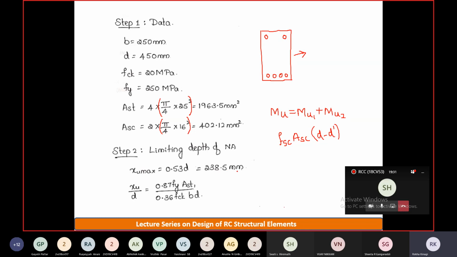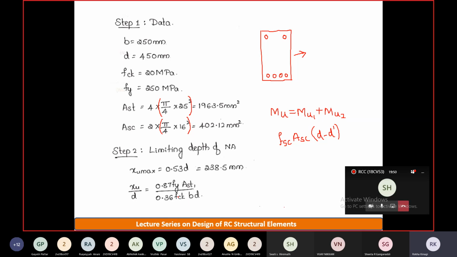Now, XU by D is equal to 0.87 Fy AST divided by 0.36 fck b D. This equation we have from the IS code book; if we equate the compressive force to the tensile force, we get this equation.